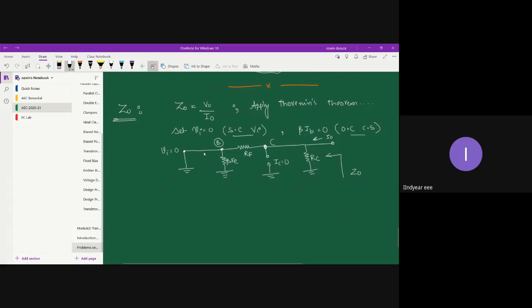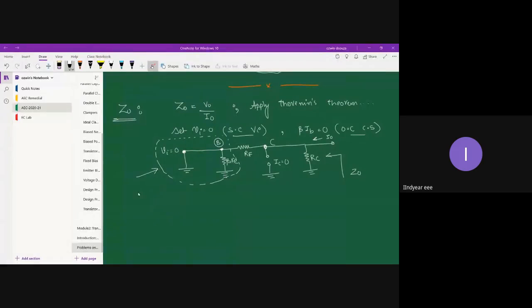Now we have to observe certain happenings in the circuit. If you look at this particular connection, you observe that across beta RE you have a short circuit, right? That's because this node is connected to base, and the same node is connected to ground. That means your base terminal is directly held at ground terminal.